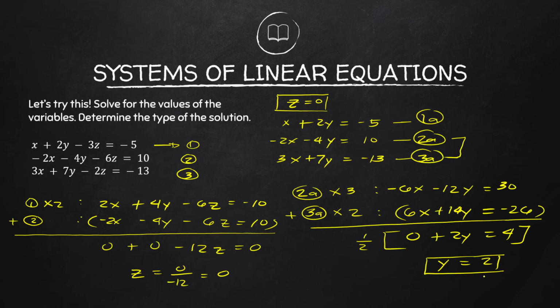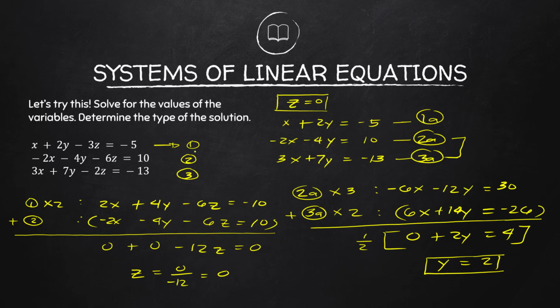What we can do is select an equation here and substitute the values of y and z, and then we can solve for the value of the third variable, and that is x. If you notice, that is easier to do in equation 1a, because we only need to substitute the value of y, and then we arrive at the value of x.